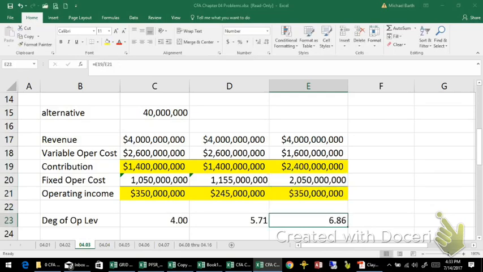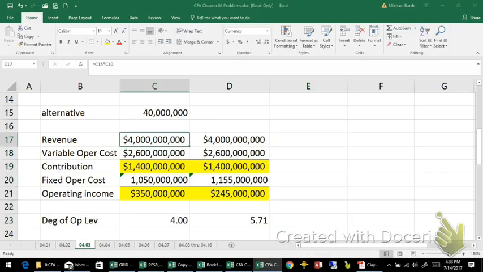Notice that that would increase the operating leverage even further. That's one of the things businesses often try to do: convert variable costs to fixed costs. If you had salespeople being paid a commission and you converted them to a fixed salary, that's exactly what you would have just done here. Generally speaking, the higher the proportion of fixed to variable cost, the higher the degree of operating leverage.